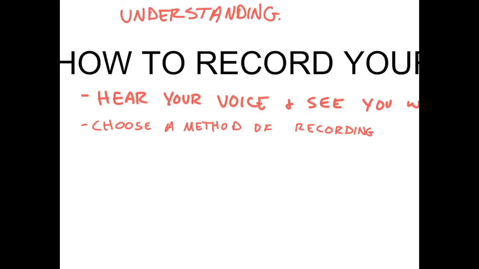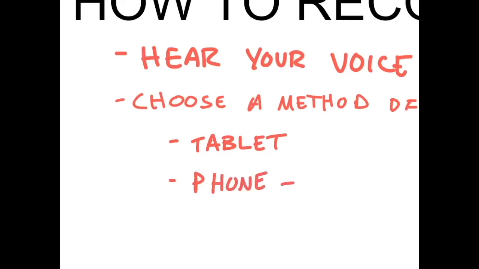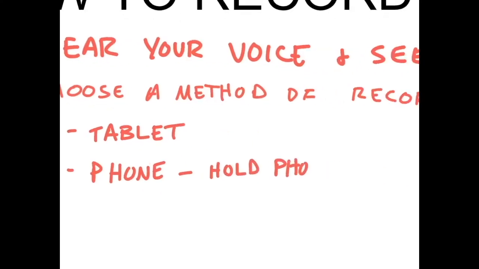But let's think of some options that you can use. You can use a tablet, and you can write on it just like how I'm doing. You can use a phone, okay? What I mean is you could hold your phone up and show your writing.